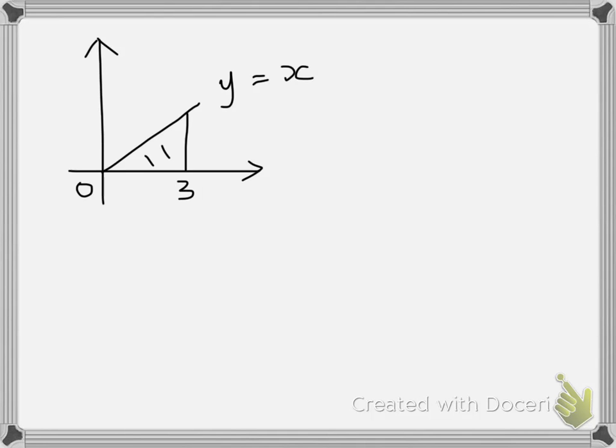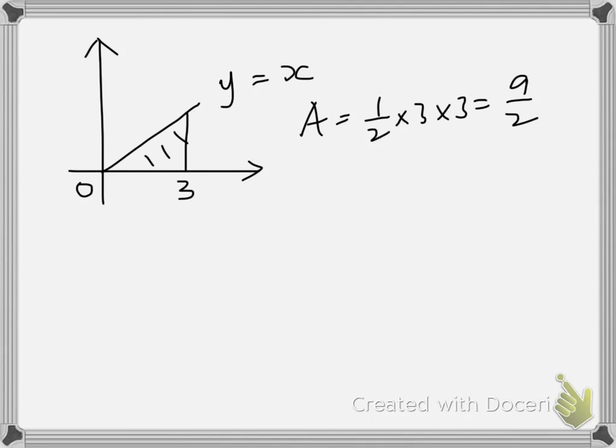So how do you find that area? So half times base times height, right? So this shape is a triangle, right? So what is the height there? Also 3, right? Because y equal to x, right? So the area here is half times 3 times 3, which is 9 over 2, yes?